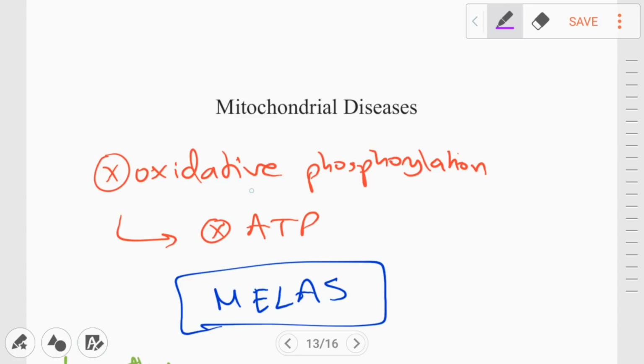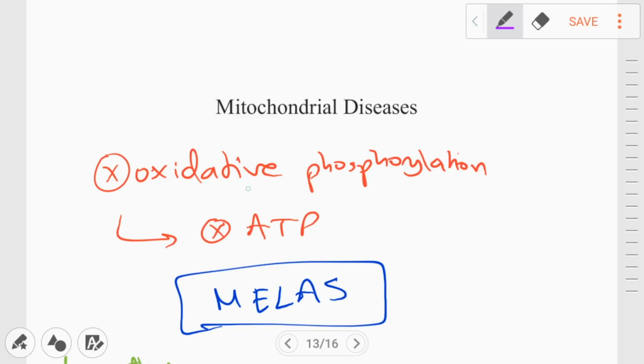So, as you might already know, mitochondrial diseases are always inherited from the mother only, since mothers pass on mitochondria to their children, not the father. On top of that, you might already know that the mitochondria is also known as the powerhouse of the cell.